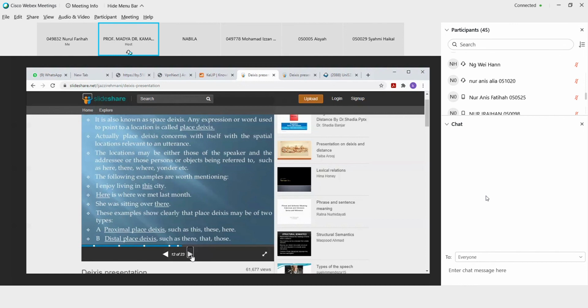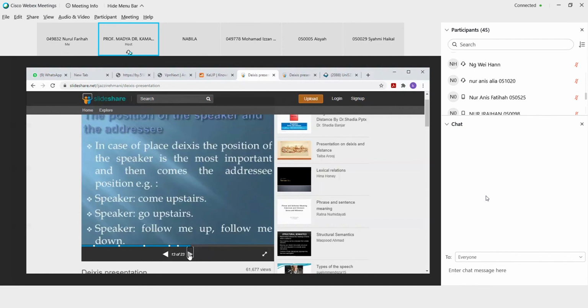"Here is where we met last month." It's very specific. "She was sitting there, she was sitting over there." These examples show clearly that place deixis may be of two types, proximal and distal, whether near or distant, far away. Okay, next.